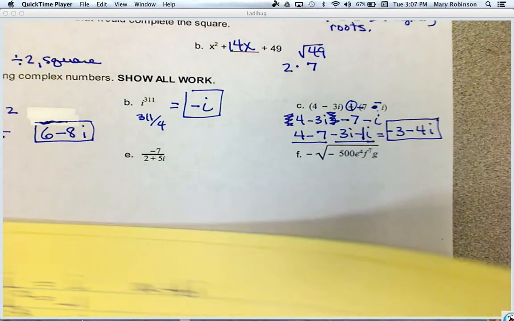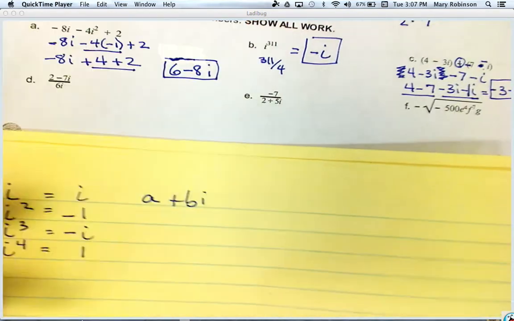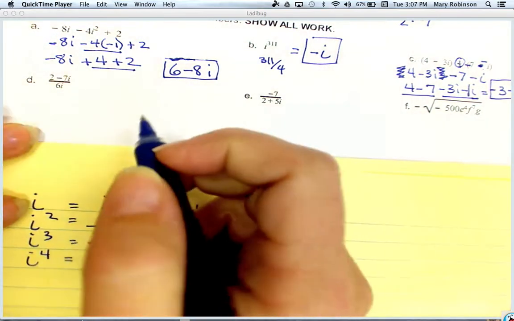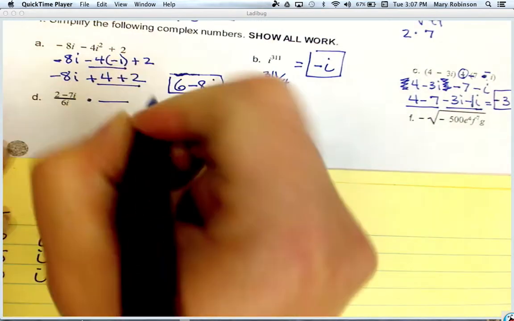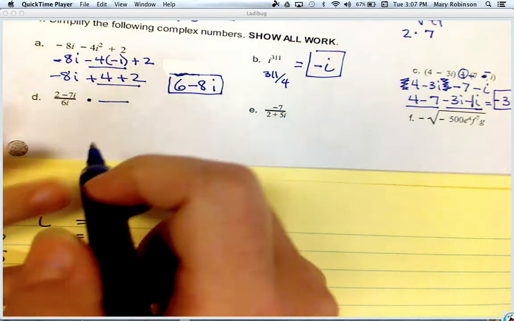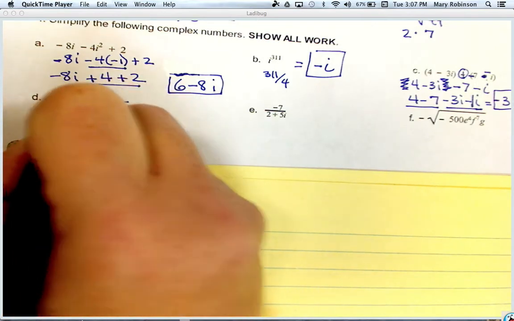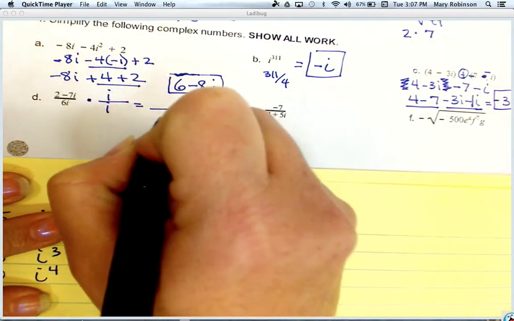Next for part D, you're dividing. So remember we want to rationalize. To rationalize, I taught you that if you're dividing by an imaginary number that's just a monomial, you can just use i over i. And that on the bottom would give us 6i squared.